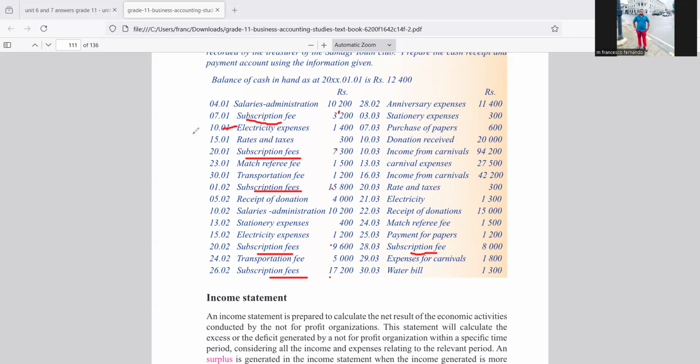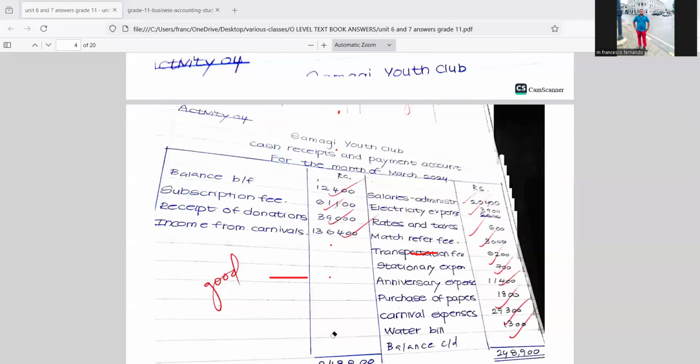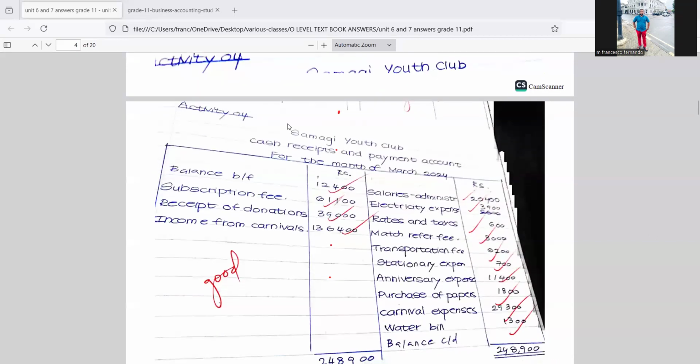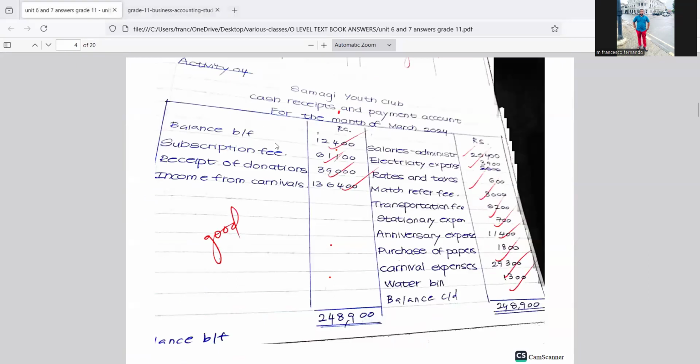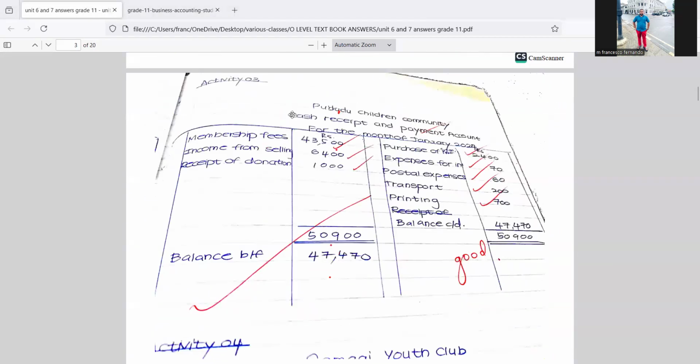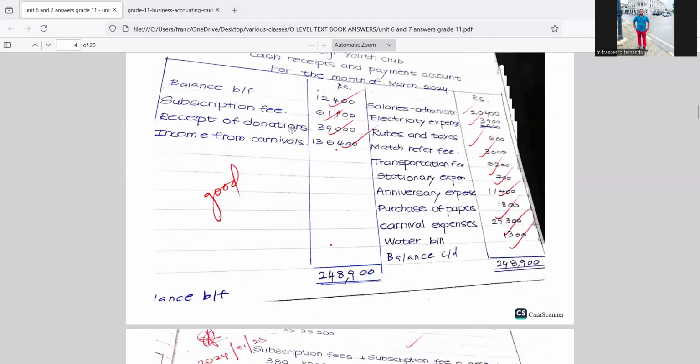Similarly for electricity, there are many electricity expenses here. So we have to add up all the similar income and expenses and enter only one value. Like this. So this is the answer for activity 3 and this is the answer for activity 4.